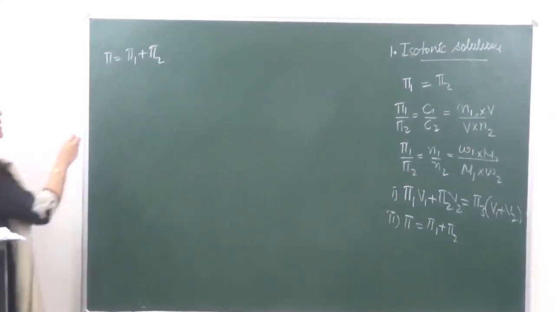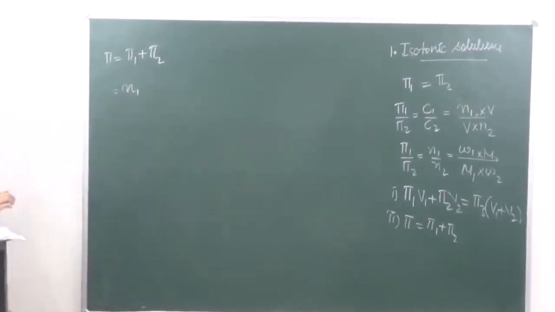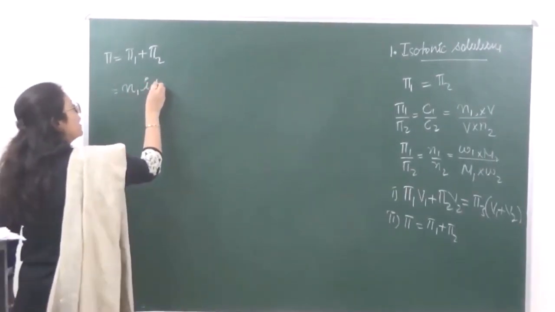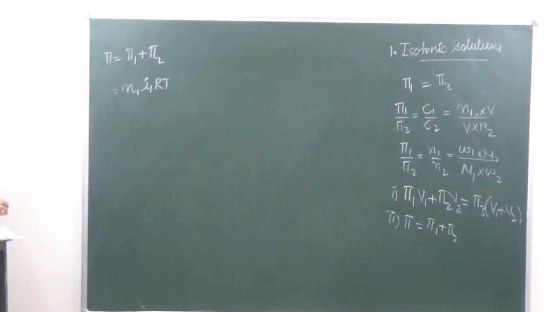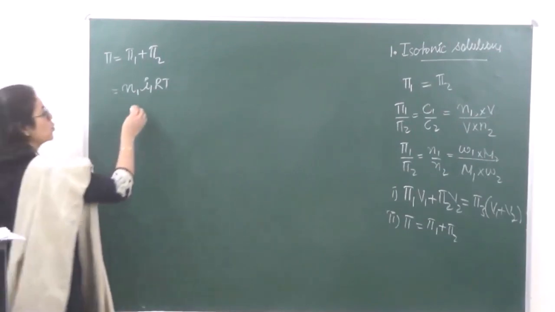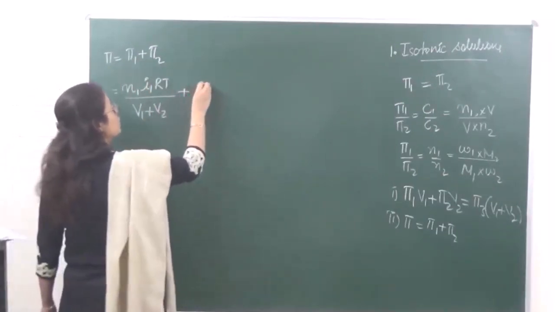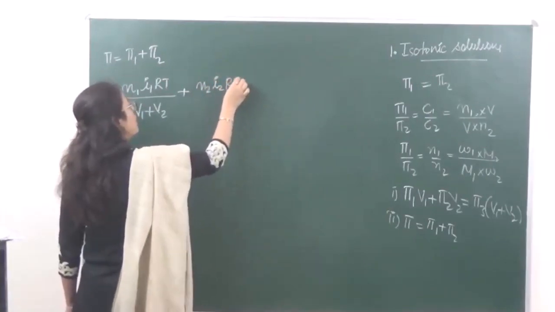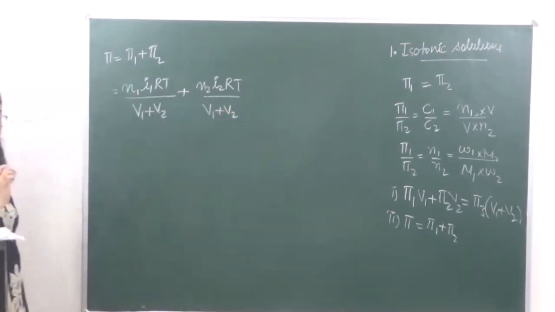So pi 1 can be represented as N1, the number of moles of the solute particles in the first solution, into I1. I1 is the Van 't Hoff factor that we will do in the next class. Then pi 2 is equal to N2 I2 RT upon V1 plus V2. Right? Where I1 and I2 both are the Van 't Hoff factors.